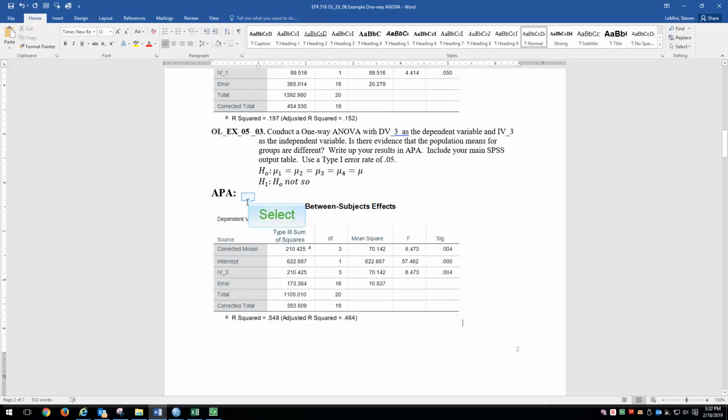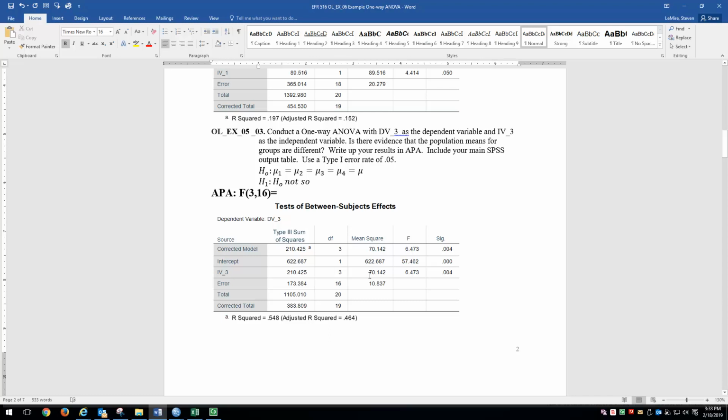So I'll write my ANOVA. My ANOVA is an F with, okay, my independent variable. So I had 4 groups, so my degrees of freedom are 3, and my error is 16. That equals, what's the value of my F here? I'm on my independent variable line.